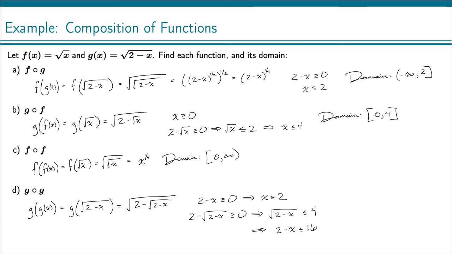Okay, now I can get x by itself, and I'm going to get that x is greater than or equal to negative 14. So now I've got my conditions. I've got x is going to be between negative 14 and 2. And so my domain, I've got negative 14 to 2.